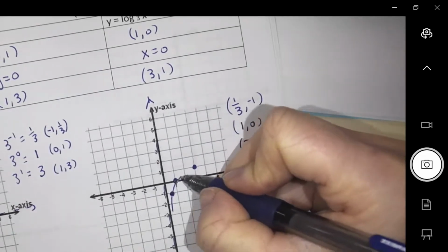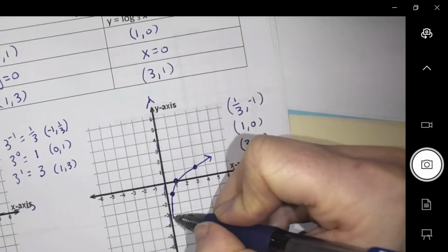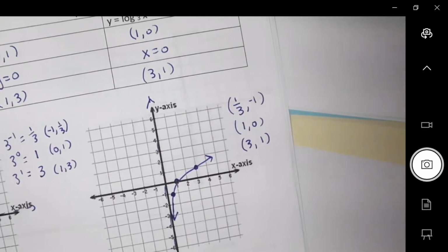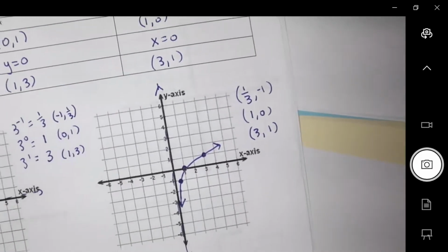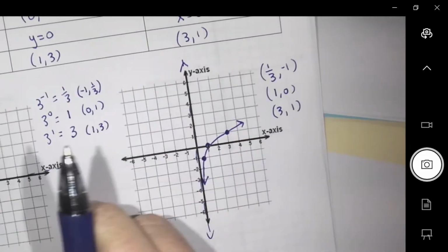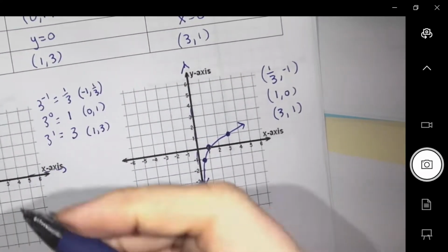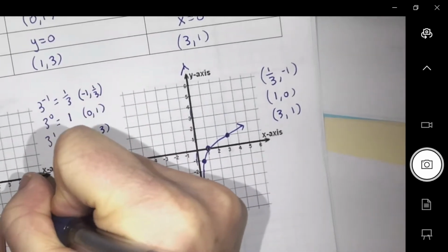Okay, and now do you see the shape? Okay, so I took the original exponential points and I just changed them all. That's what I'm doing. Let's talk about the domain and range of each.